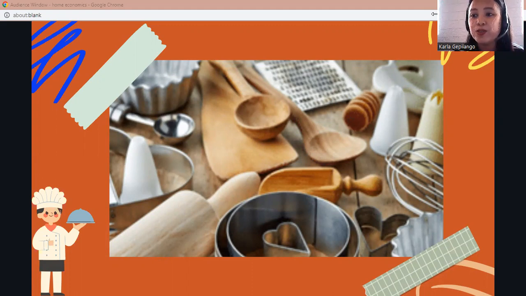We can use these utensils for cooking. Oh, I can see here Mr. Ryan raising his hand too. Exactly, we can use them for food preparation.